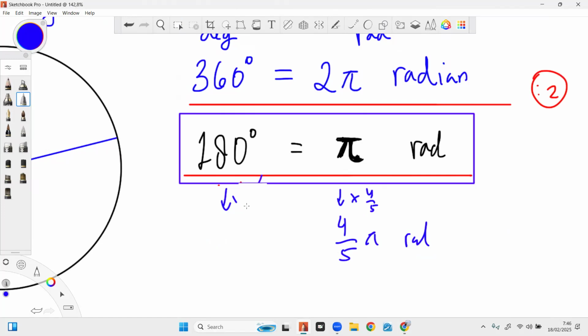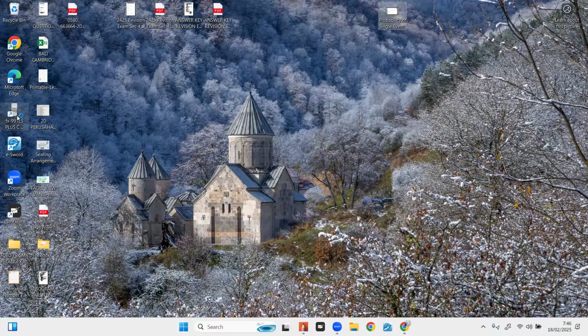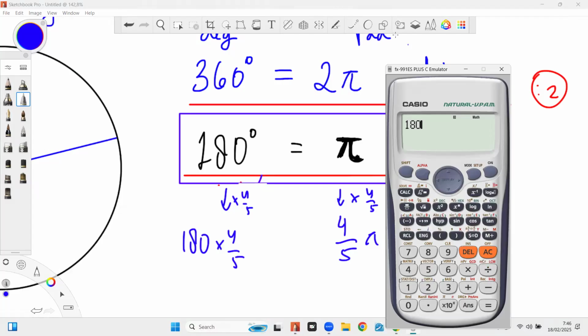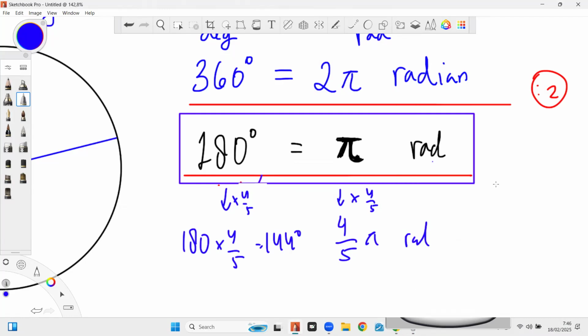You multiply 180 times 4 over 5, either simplifying or using a calculator. Let's check. 180 multiplied by 4 over 5. You get 144 degree, right? Somehow, from radian to degree is easier than from degree to radian.